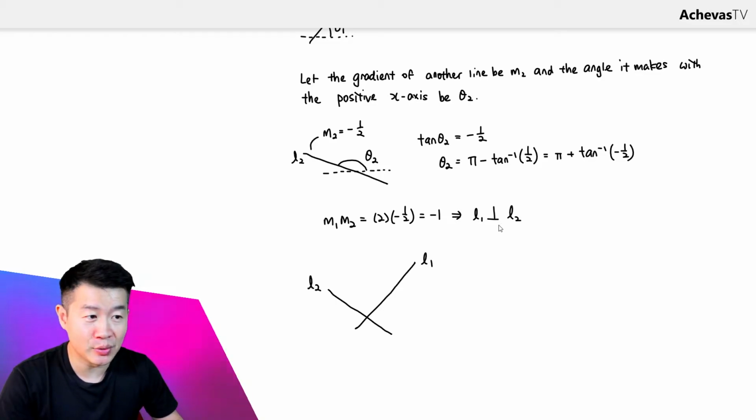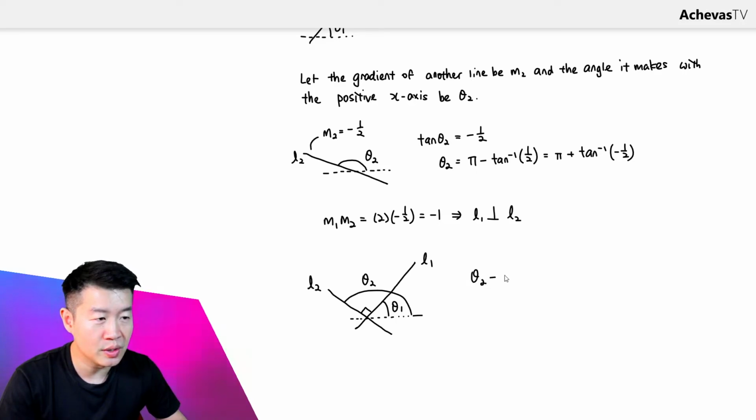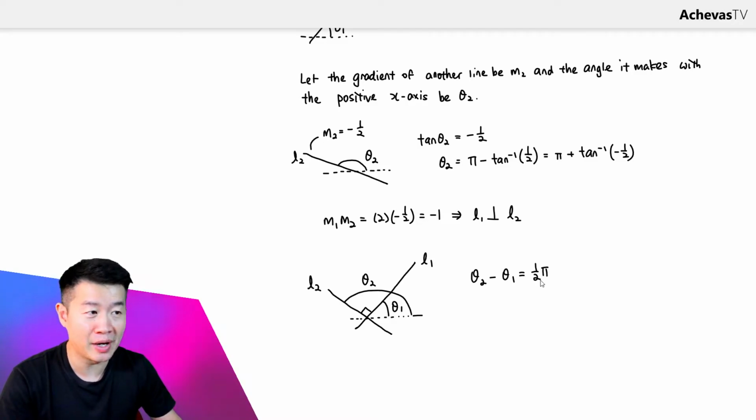Since they are perpendicular to each other, that means this angle here must be 90 degrees. And if once again we reference this to the angle that both lines make with the positive x-axis, we are talking about this, which is theta 1, and this angle here is theta 2. So theta 2 minus theta 1 is going to be equal to 90 degrees or half pi.